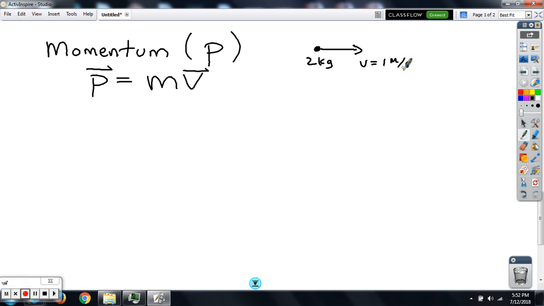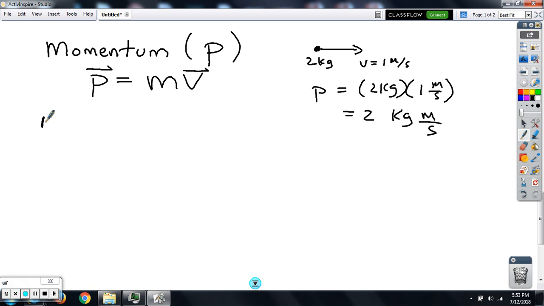Its momentum would be 2 kilograms times 1 meter per second, and so you get 2, and you're left with kilogram meter per second. And that's typically the units that are used. Although, if you recall, a Newton is a kilogram meter per second squared.